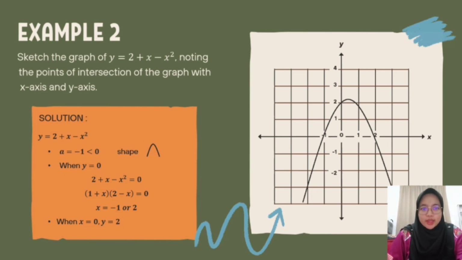If we calculate it manually, we will get x is negative 1 or 2. So we will have two intersections when y is equal to 0. When x is equal to 0, y is 2. So there are three intersections when this equation intersects with the x-axis and y-axis.